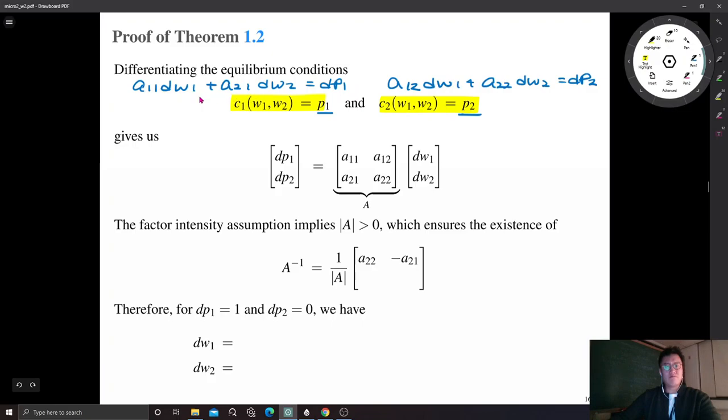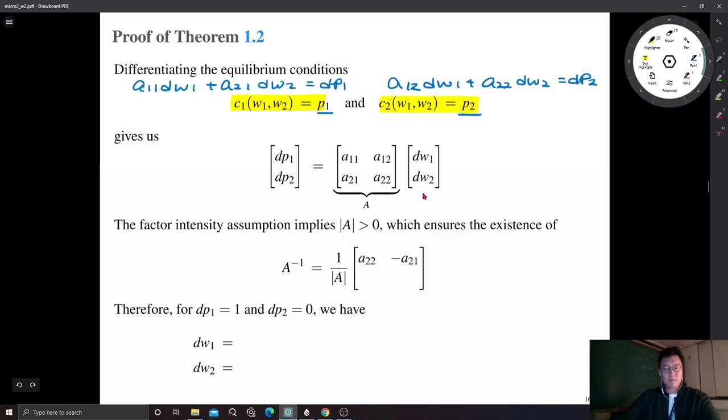So we can translate it into matrix form. We have dP1 and dP2, a 2 by 1 matrix, on the left side, and on the right side, these two equations can be expressed as a matrix multiplication: matrix A and the variables dW1 and dW2.